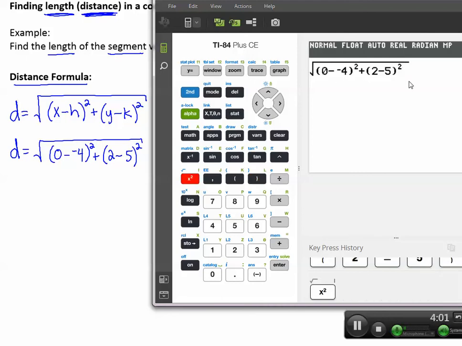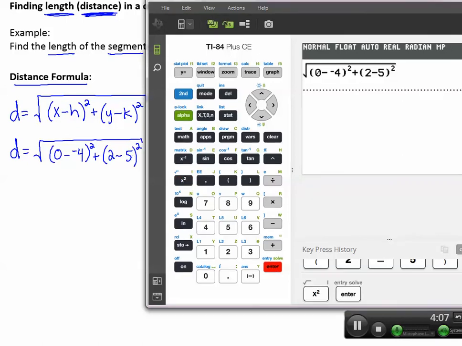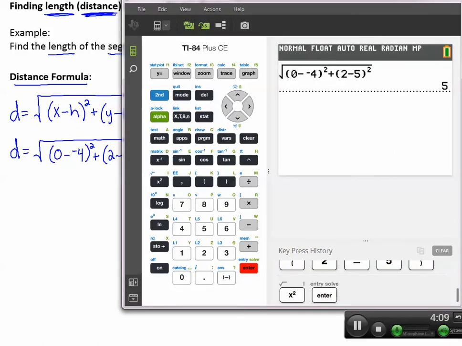I have everything typed just like we wrote it, so now I press enter, and it gives me the value right away, simplified. The value is 5.